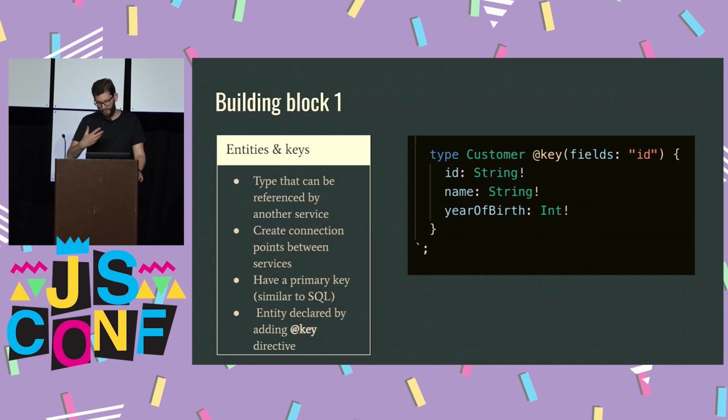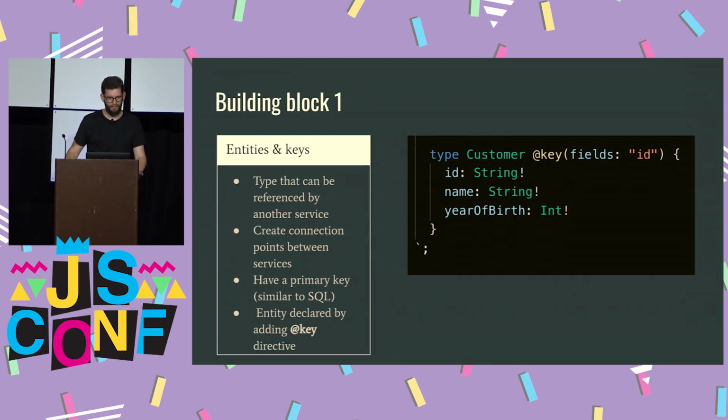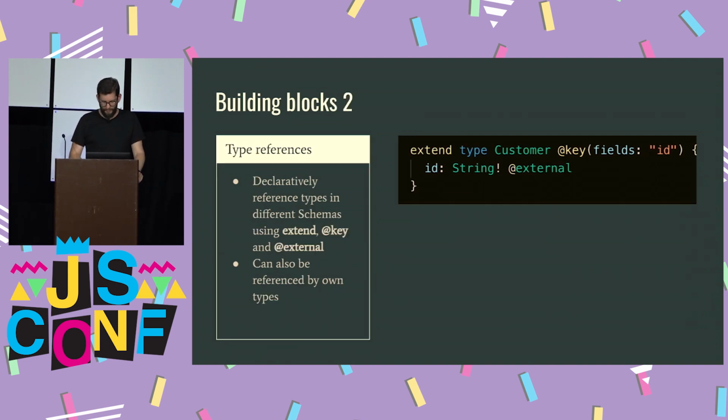So as soon as you have created this entity, which again is basically just this @key directive, you can reference it from different schemas or services. Maybe to go back, just imagine this code example would be in a schema in the customer service, and the next one here would be in the order service.